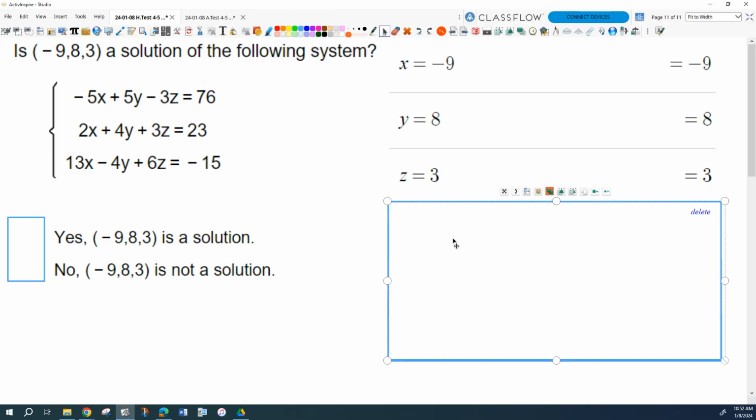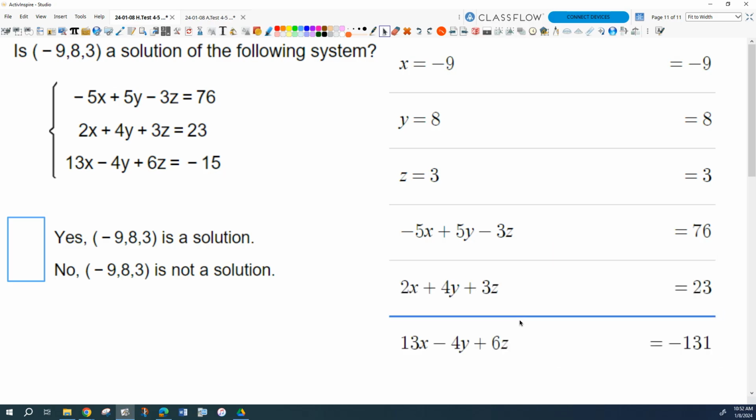So that's telling me that this is not a solution, right? Everybody see that? Okay. It checked out on the first two. Check, check, no. For it to be a solution, it has to satisfy every equation in the system, and it didn't do that. Okay, good?